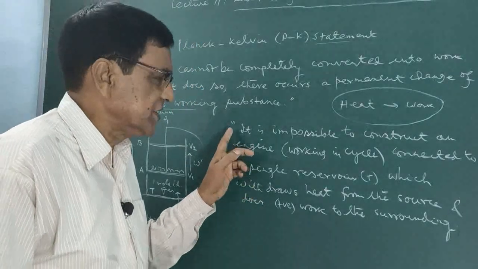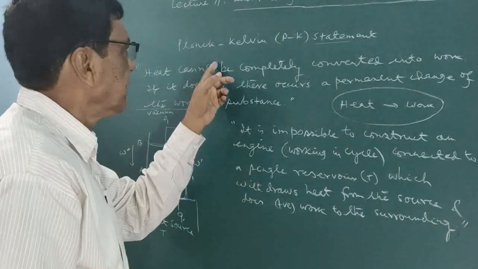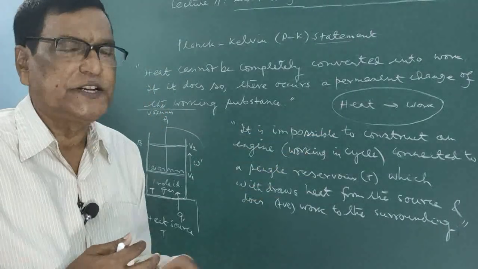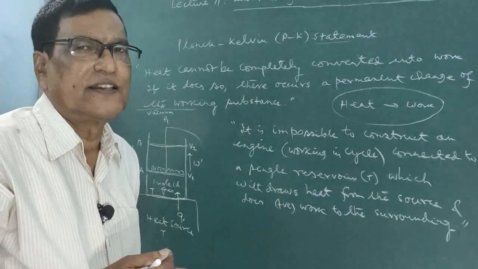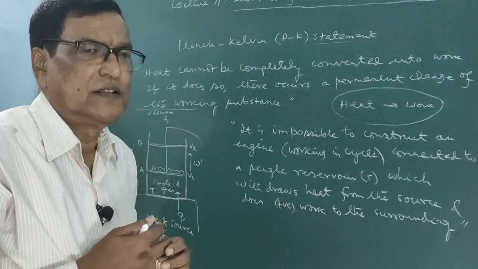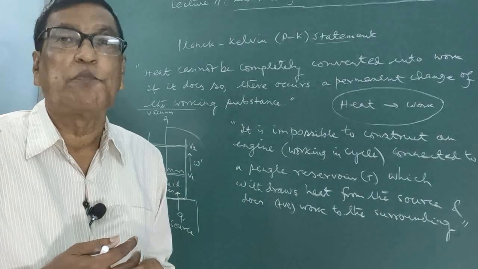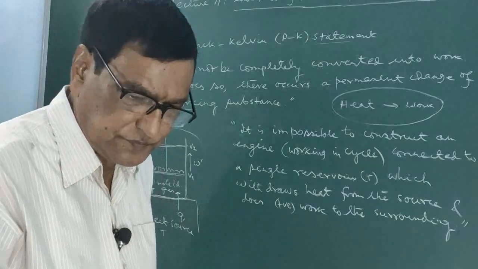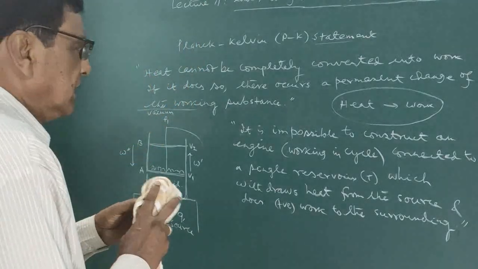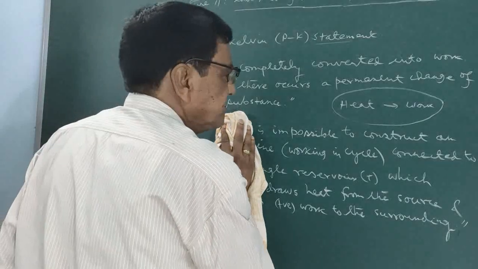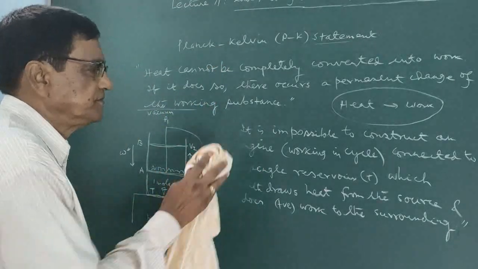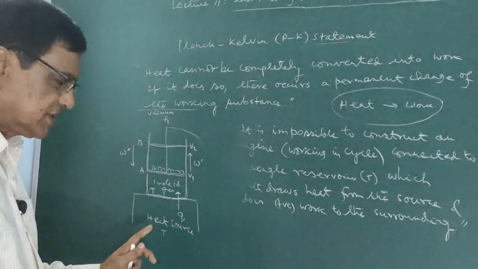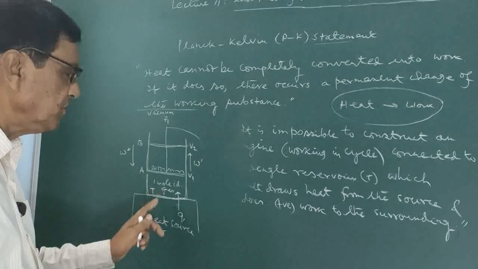So this statement, the Kelvin-Planck second statement, rejected the possibility of constructing a perpetual motion machine of the second kind. So far, this engine is connected to a single heat source at temperature T, and the source and the engine temperatures are both the same.